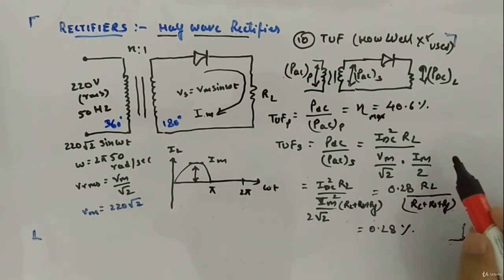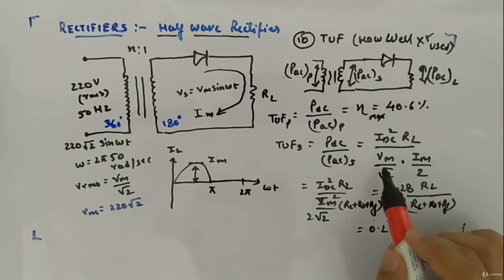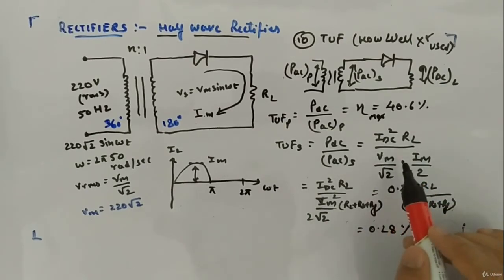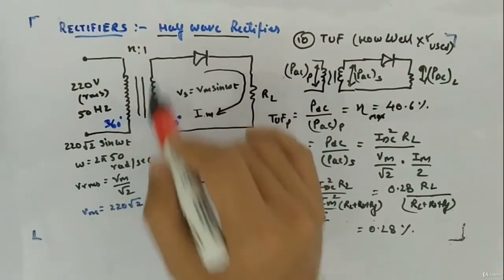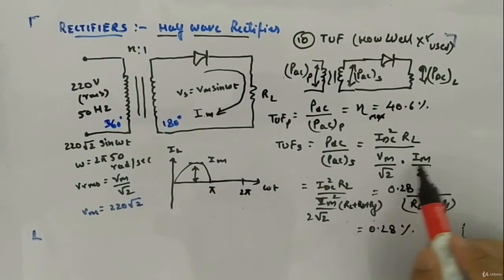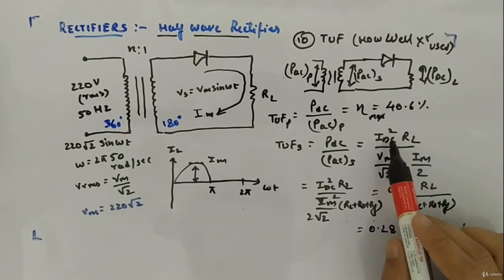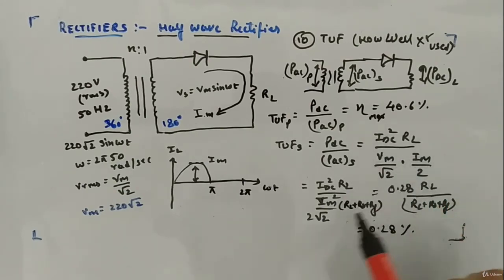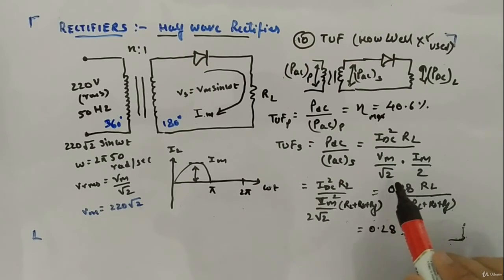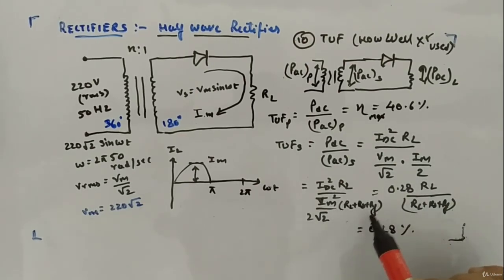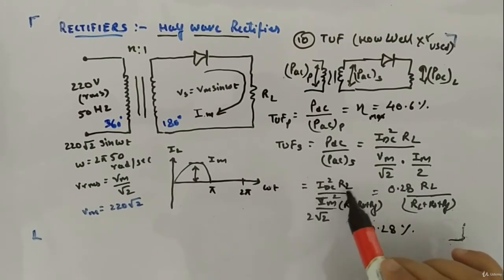Current will be for one half cycle, and voltage will be for both half cycles, we are talking here in this region. So I hope it is clear. So you plug the value of Vm here. Vm is Im into RL plus RS plus RF, and Im is already there, that's why square, divided by 2 root 2, IDC square RL.